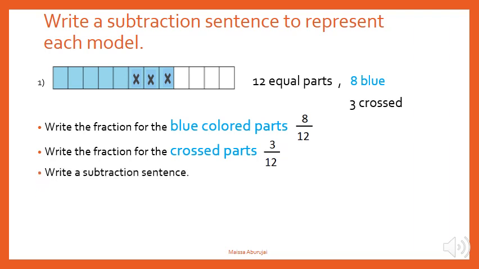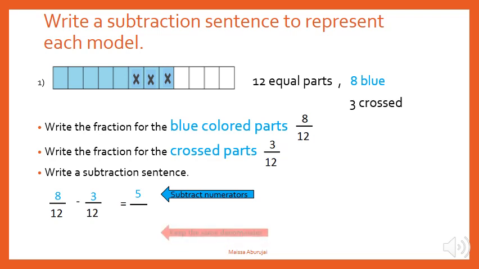No need to draw because you already have the drawing. Directly write the subtraction sentence. 8/12 minus 3/12 equals, here we only subtract the numerators, so it equals 5, and we will keep the same denominator. It's 12.